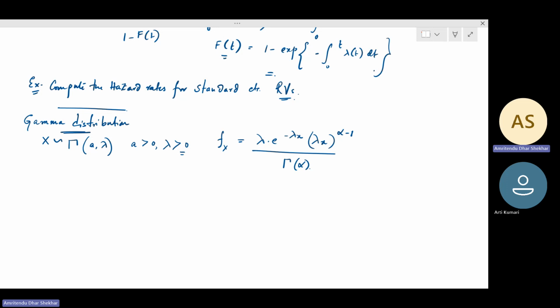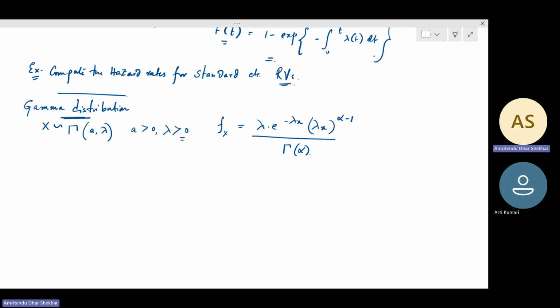And the gamma function is defined in this way.